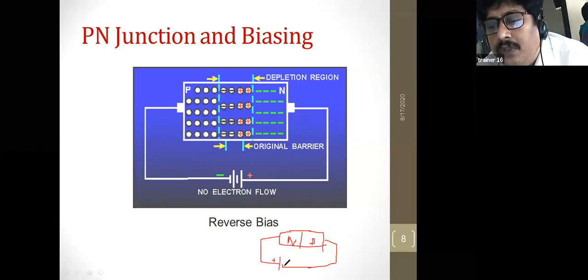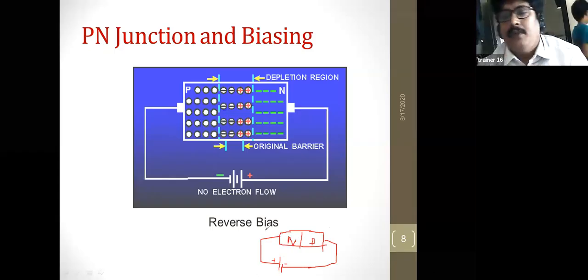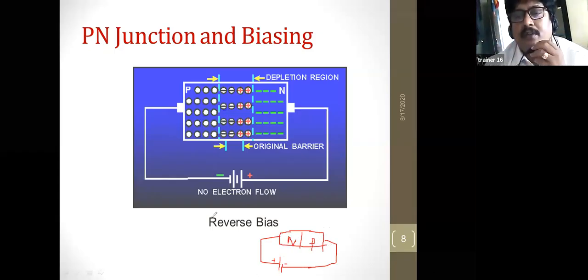So likewise, you can draw the figure in any way. This is NP, but here the PN. Here the positive terminal is connected to the negative. In the N-type semiconductor it is connected to the positive terminal.